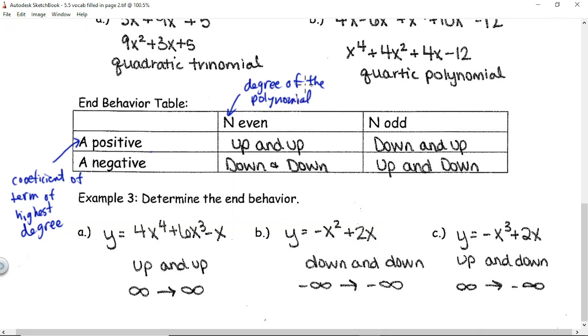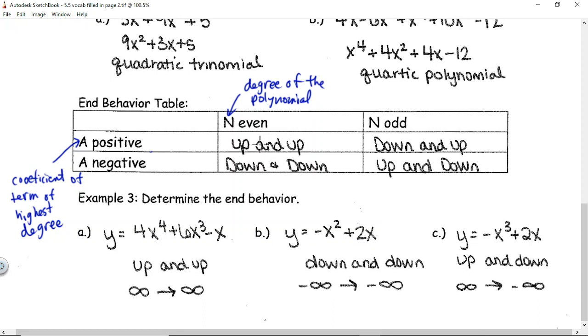Okay, so if the coefficient of that term of highest degree is positive, and n is even, that is, if the degree of the polynomial is even, the behavior is to go up when you go to the left and also up when you go to the right. Okay, that's what up and up means.